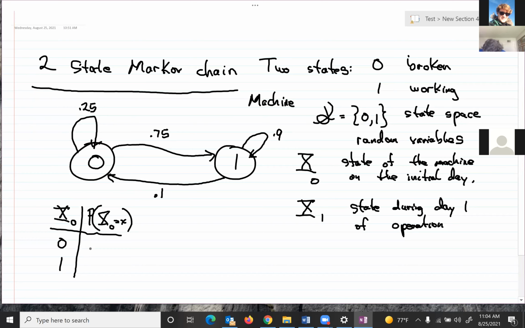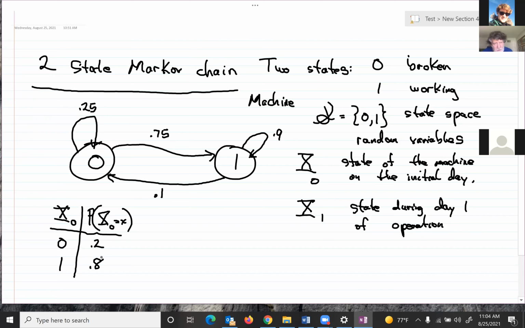I made some assumptions, but I can't find them. Oh, there they are. I'm assuming that on day 1, there's a 20% chance it doesn't start, and there's an 80% chance it does.